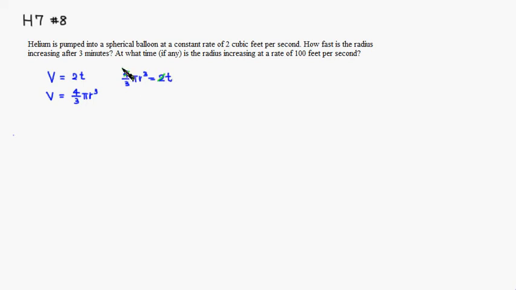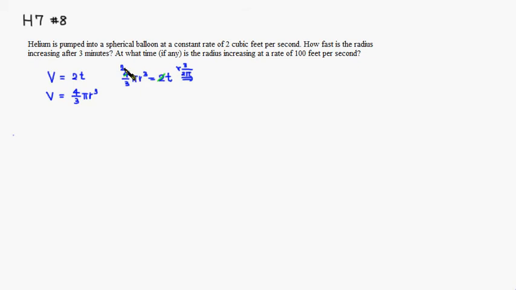Then I'm going to divide both sides by 2 so that we can get rid of the 2 here. That becomes 2/3 here. I'm going to isolate r cubed, so I'm going to multiply both sides by the reciprocal of 2/3, so it's 3/2, and also 1 over pi.